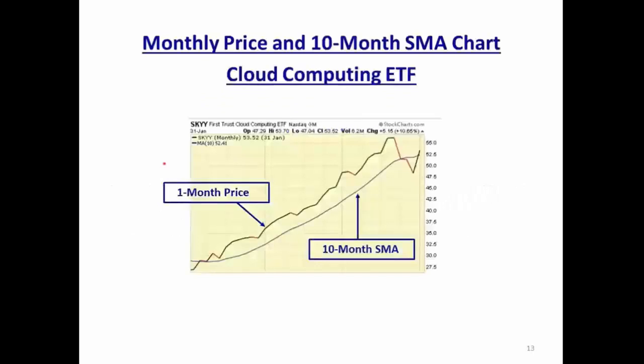Here's an example of a 1-month price chart and the 10-month simple moving average. And this is for the cloud computing ETF, symbol SKYY. And this red and black line right here represents the 1-month price movement of the stock, and this blue line represents the 10-month simple moving average.